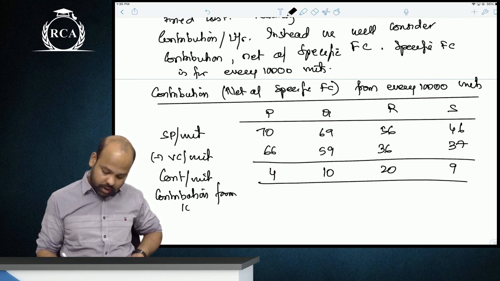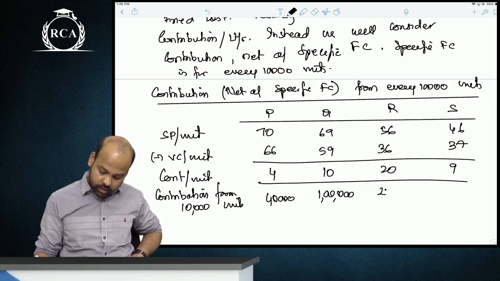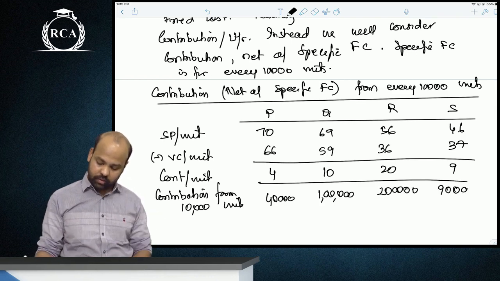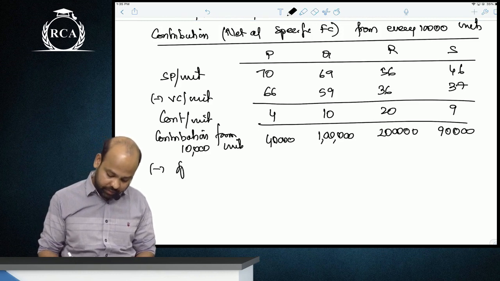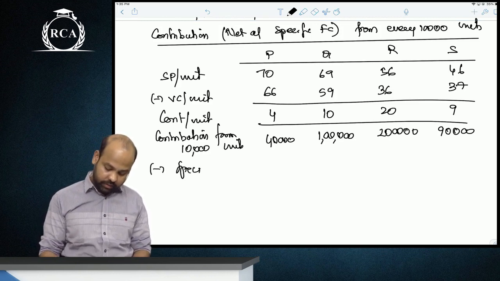Contribution from 10,000 units would be 40,000, 1 lakh, 2 lakhs, 90,000.